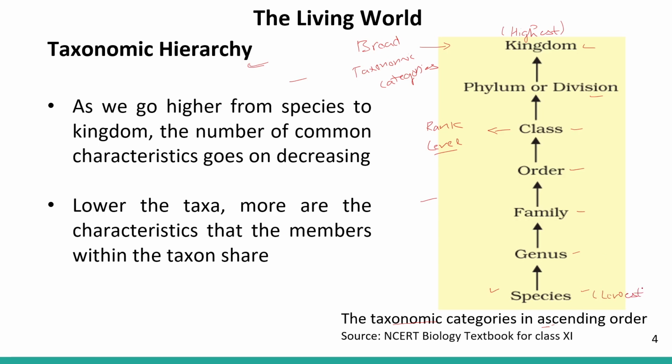Higher to species is genus, then higher to genus is family, then higher to family is order, and then we have class, then phylum, and the highest one is the kingdom.